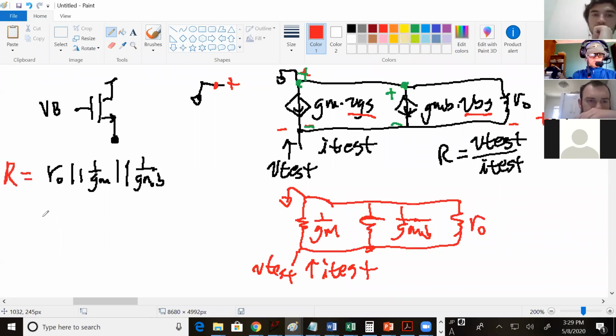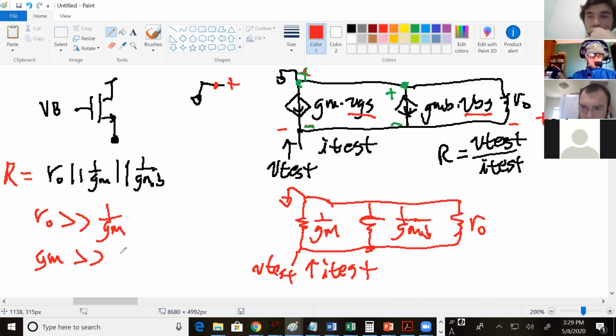And let's introduce some rules. RO is much bigger than 1 over GM, and GM is much bigger than GMB. So GMB is like a 10th or 100th of GM in most cases. So if GMB is much smaller, what's going to be bigger, 1 over GMB or 1 over GM? If GMB is smaller. Okay, I asked that in a really weird way.